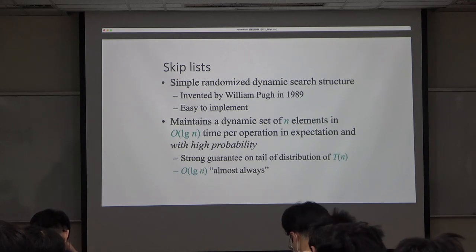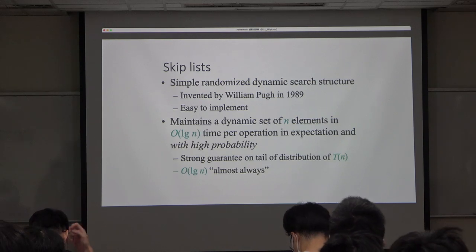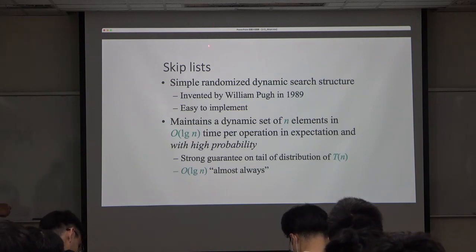Do we have a better way to do the search? Obviously binary search tree is one possible direction. But this idea, skip list, is a very special idea.